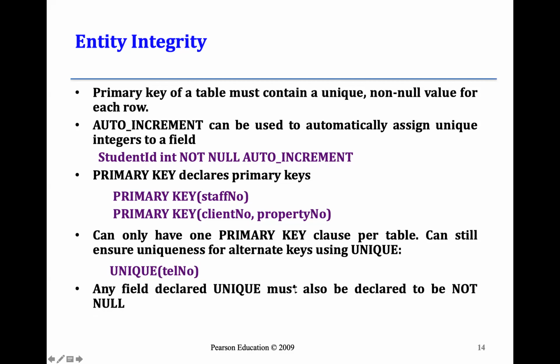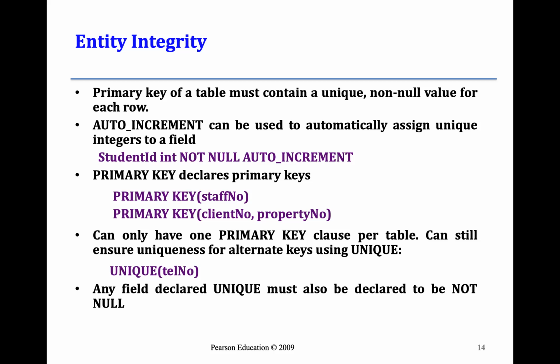Any field declared unique must also be declared not null, because you're declaring it as an alternate key. And finally, you're allowed to use auto increment on integers. Oftentimes we want to have an artificial key. We use ints, and if you declare it as auto increment, then when you insert a new tuple, MySQL will automatically select a unique key for you so that you don't have to.